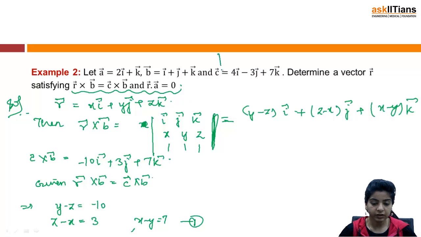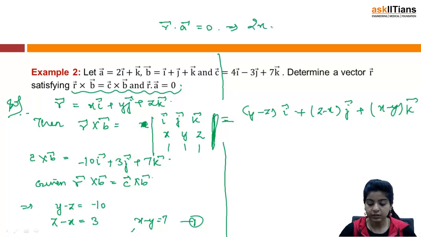Then another thing that we are given is that r dot a is also equal to 0. That means my r vector is xi plus yj plus zk. I take the dot product with 2i plus k, so that I get 2x plus z equal to 0, right?